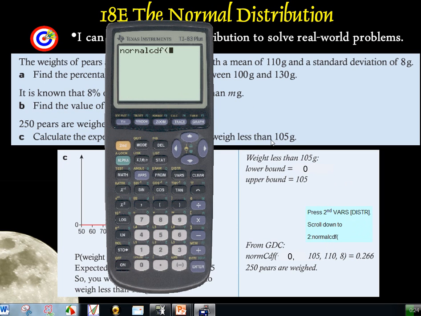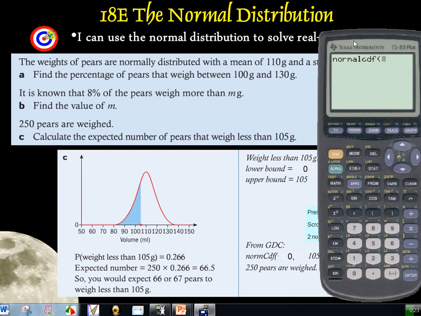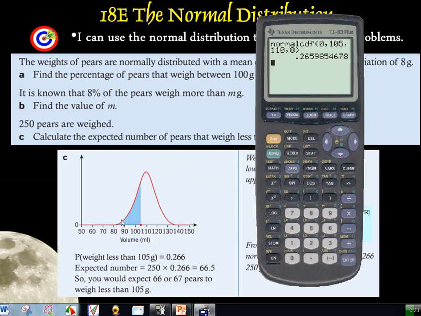Now we want to know everything that weighs less than 105 grams, so we start at 0 and go up to 105. Then we put in our mean, which is 110, and our standard deviation, which is 8. So 0, 105, 110, 8, and we push enter, and we get 26.6%. This blue section here is 26.6% of the data.